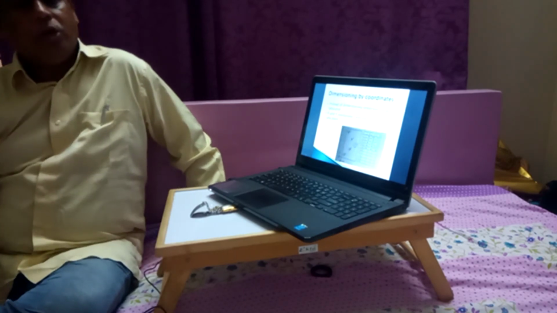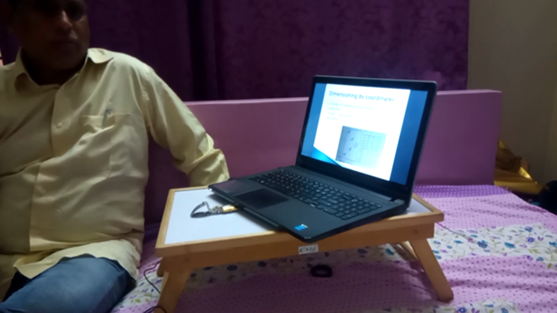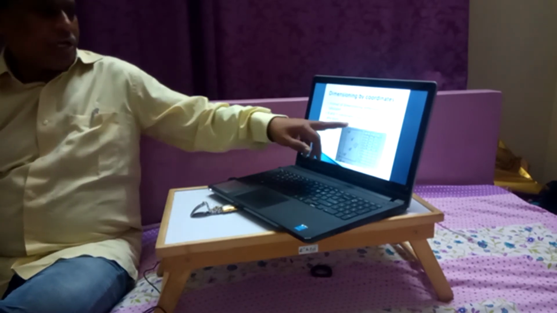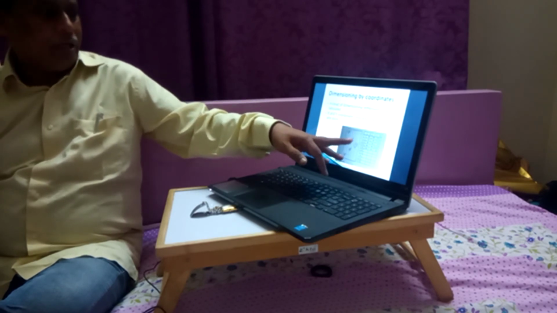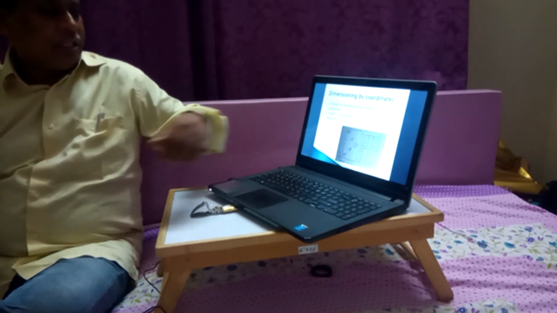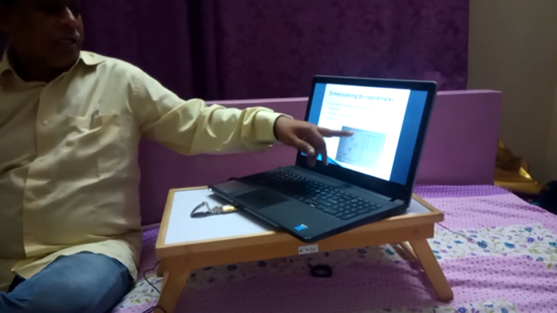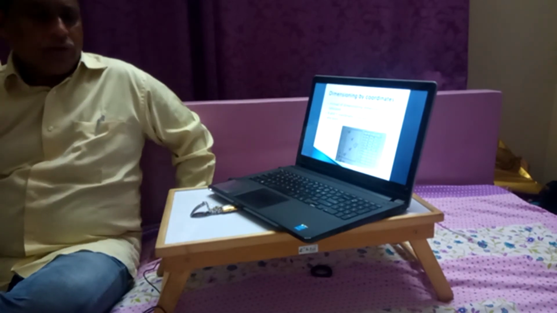So dimensioning by coordinates, we know the coordinate geometry. So we know what are the distance x's and y's from origin. So by giving a tabular form, giving a table, that is x and y and the diameter, we can simply give a table near the figure.